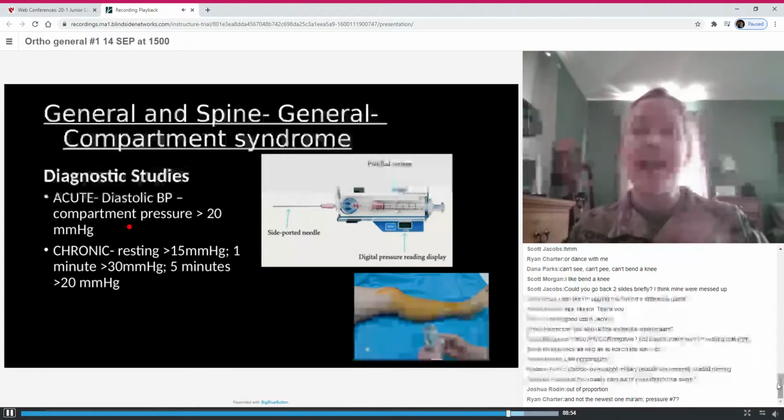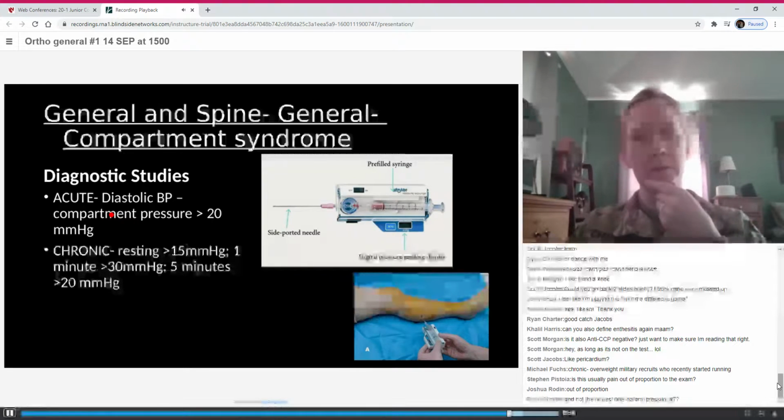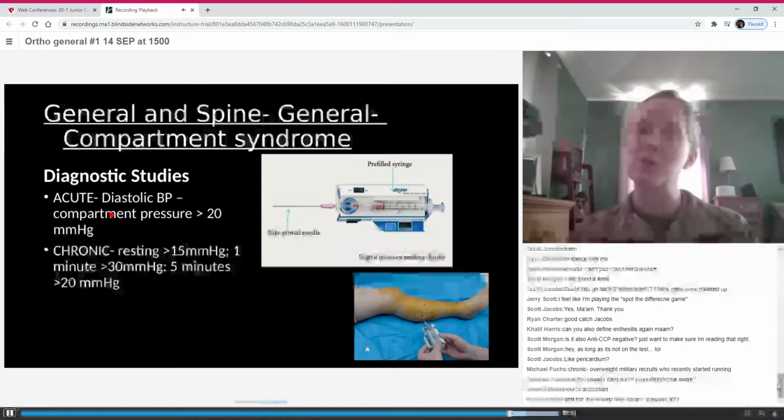I have never used a Stryker, which is the tool you use to measure the pressure in acute compartment syndrome. It doesn't matter. I am not going to say, I wonder if this is compartment syndrome, I should pull out my Stryker and stab them a whole bunch of times to determine if their pain really is out of proportion. I don't care.